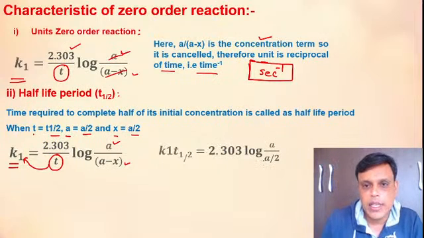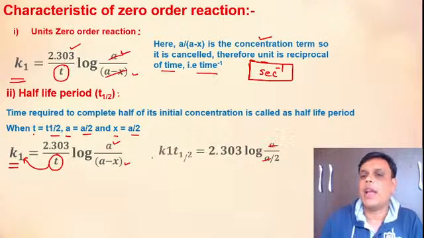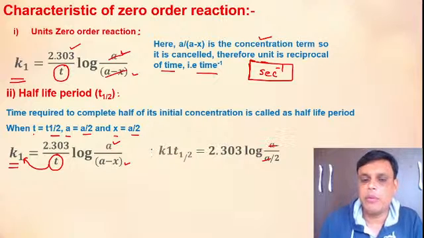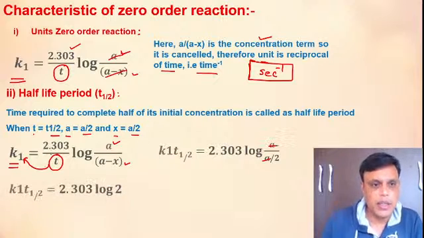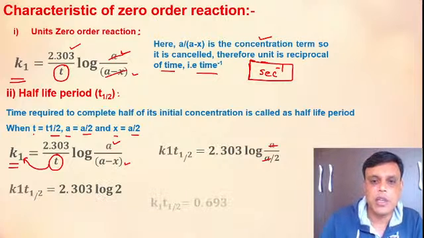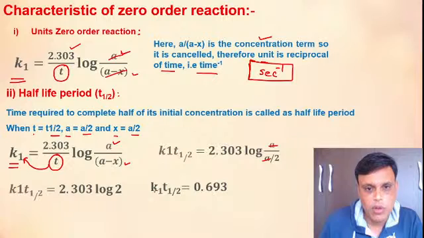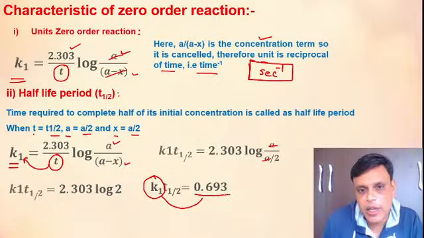So what will happen? This a and a will get cancelled. We will remain with only this: K1 t half is equal to 2.303 log 2. And if we take log 2 and multiply that value with 2.303, we will get 0.693. So K1 t half is equal to 0.693. And if we take this K1, which was multiplied, to the other side, it will get divided.